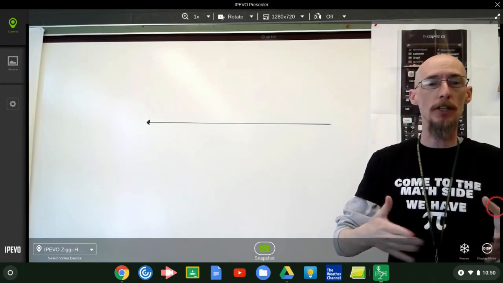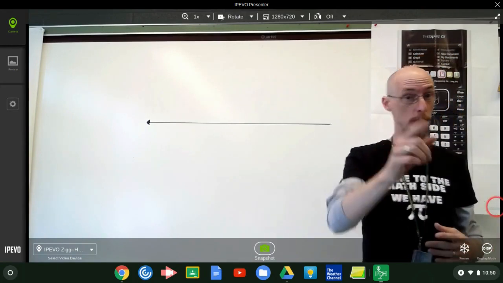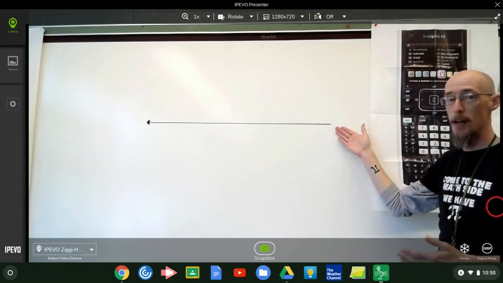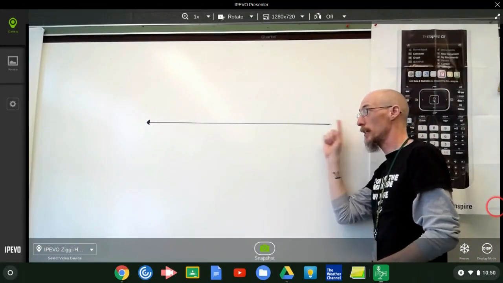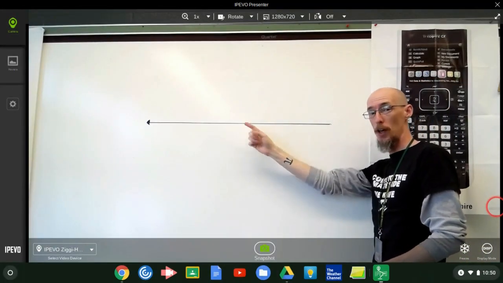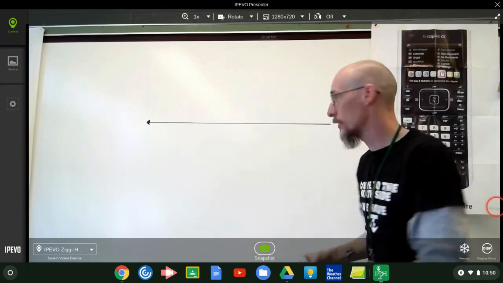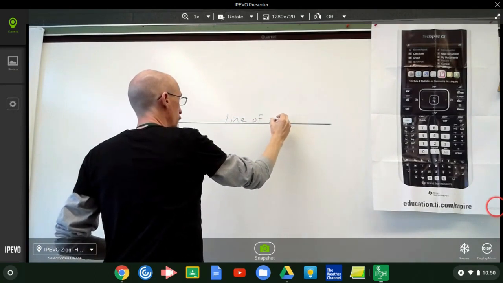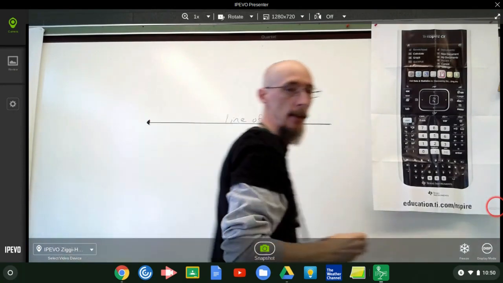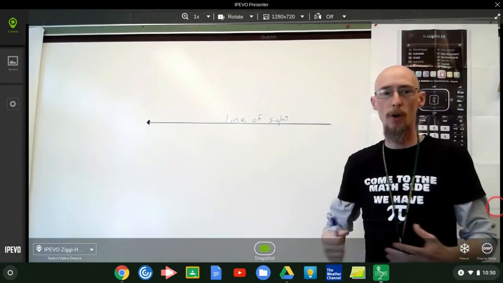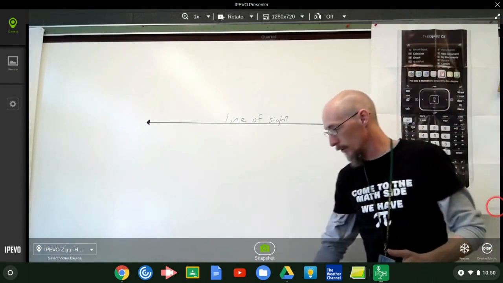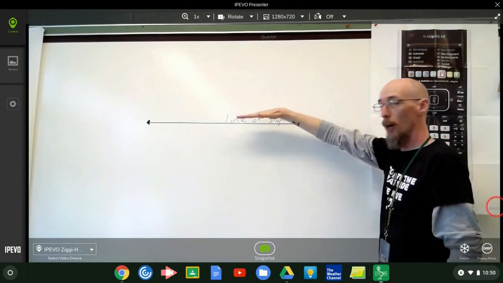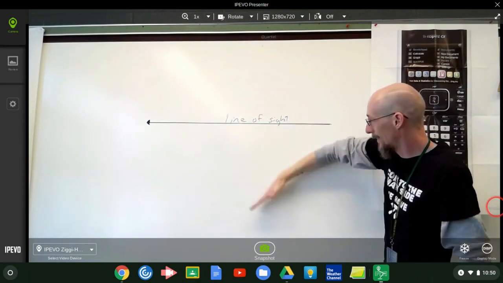So angle of elevation and angle of depression have to do with how you see things. Let's say this line here is my line of sight. It's exactly where I'm seeing on a horizontal. So we call this the line of sight, and that line of sight is always horizontal. Now, as I look at the line of sight, I could look upwards or I could look down.